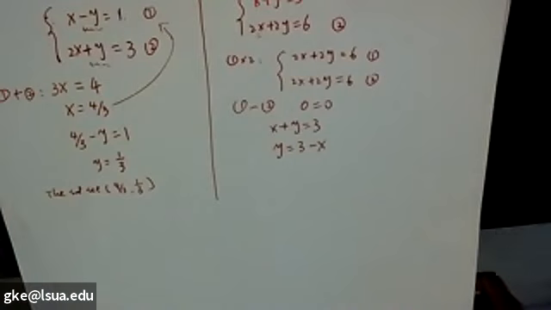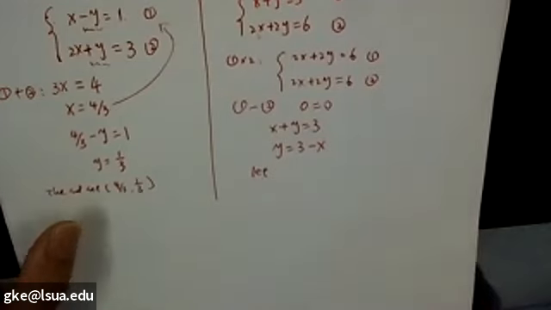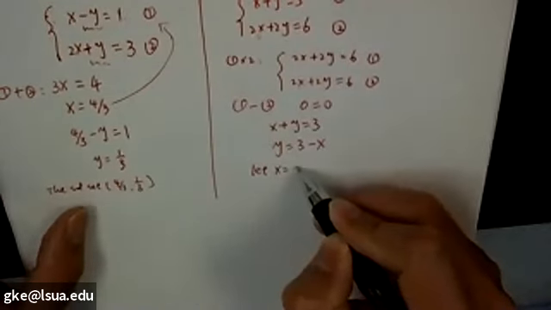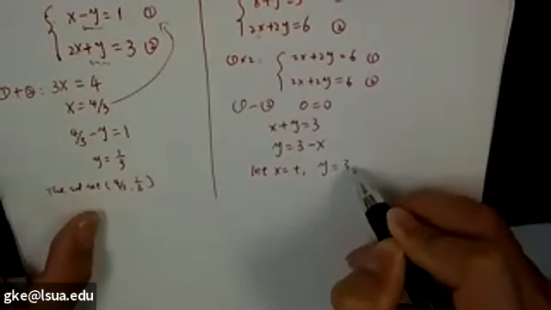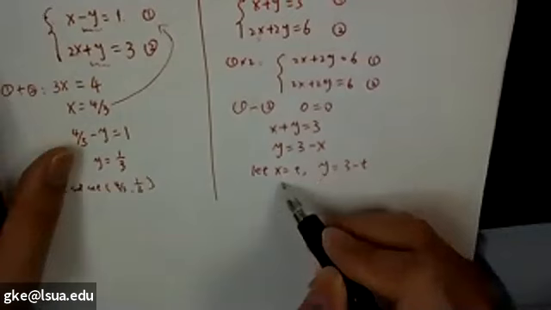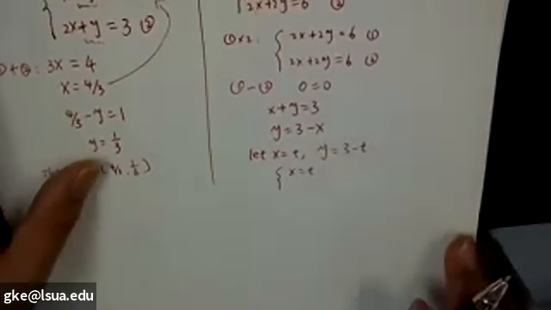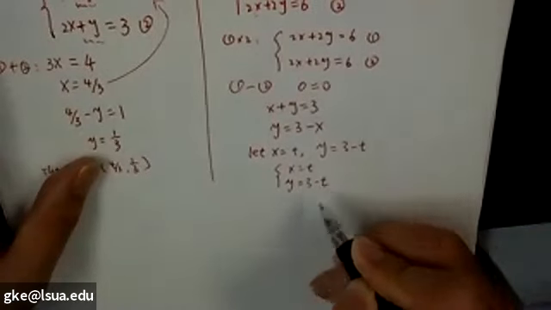Then we let x equals t or s. Then y equals 3 minus t. Okay, so the solution set for this equation system gonna be x equals t, y equals 3 minus t.